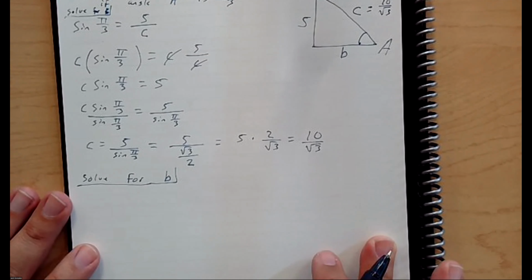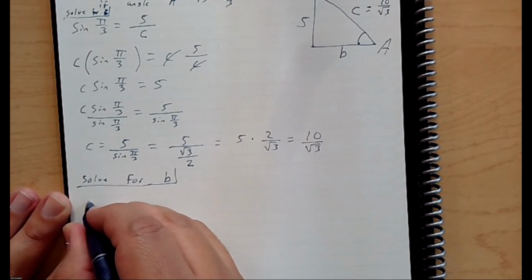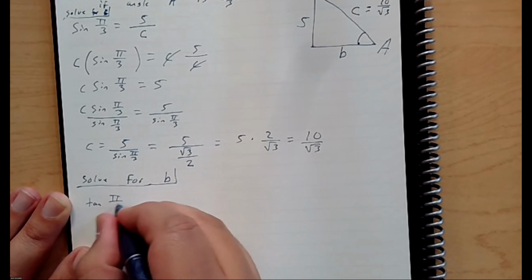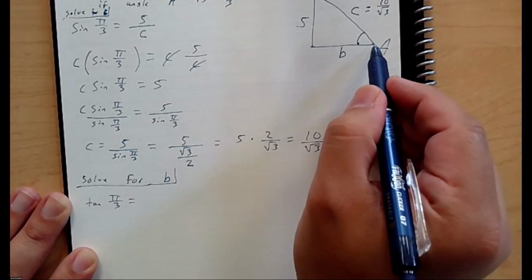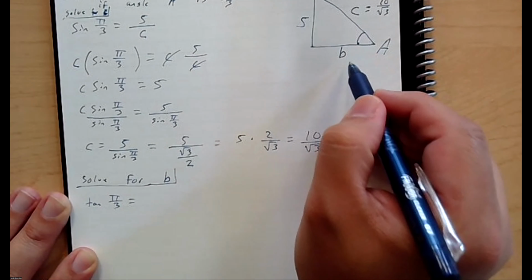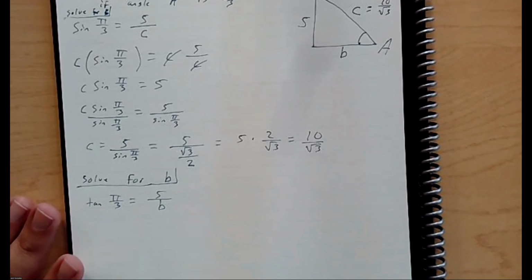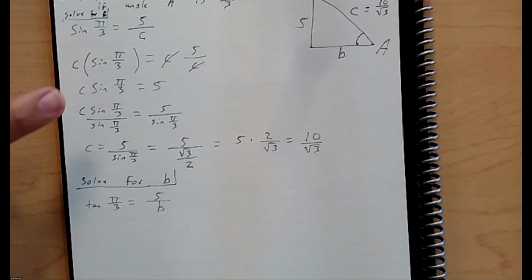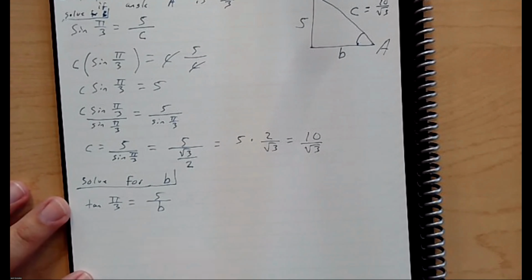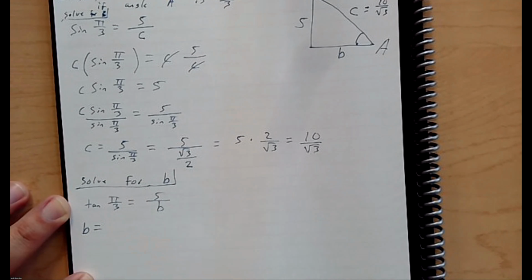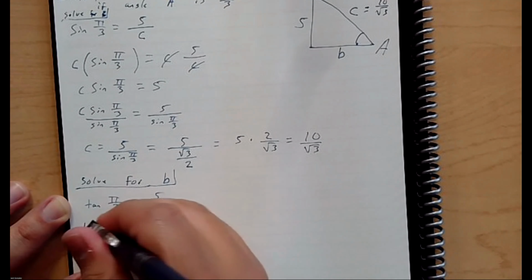So someone said 10, right? Tangent of A, or pi thirds, would be equal to opposite over adjacent. So 5 over B. So do the same thing as we did up here. And you'll find B. So B will equal, well, the short work, I guess.